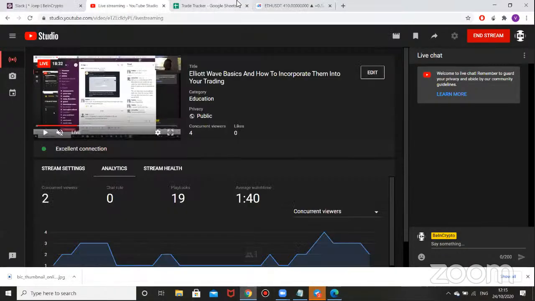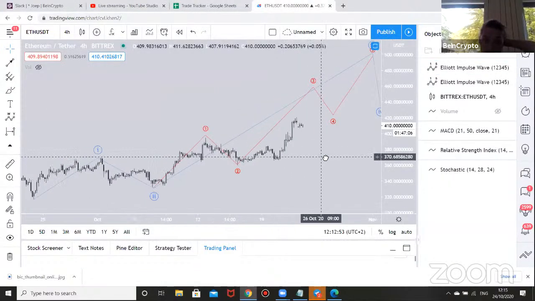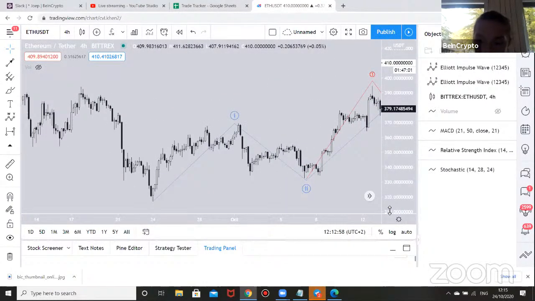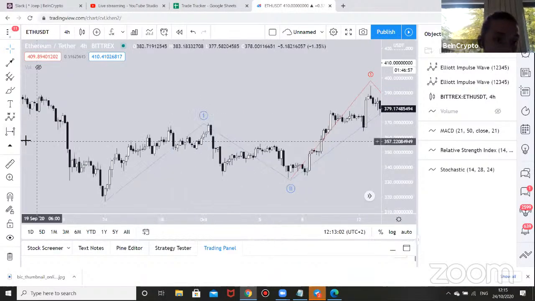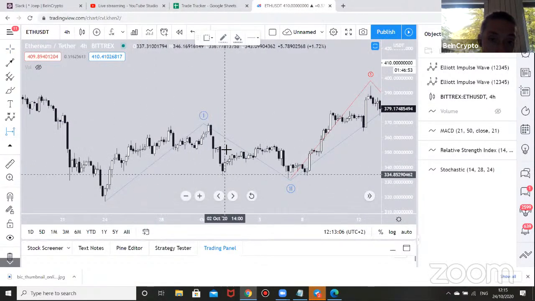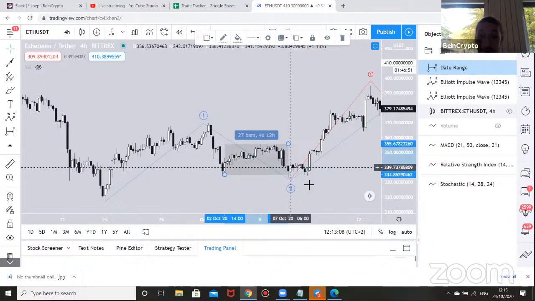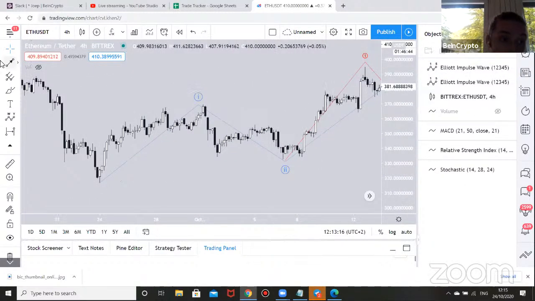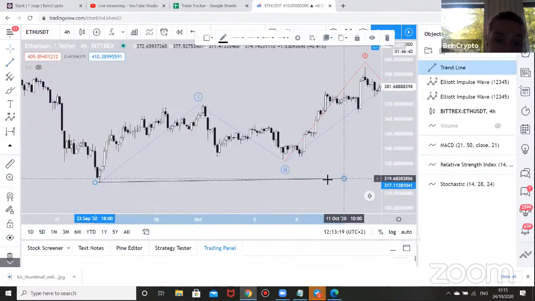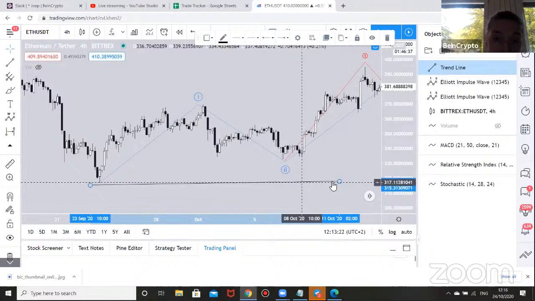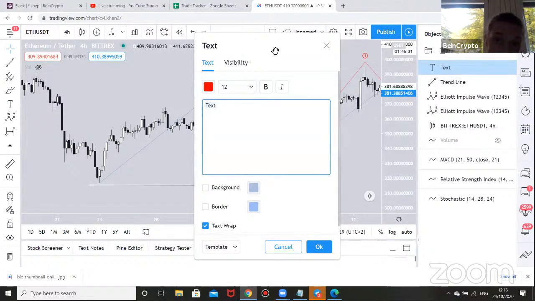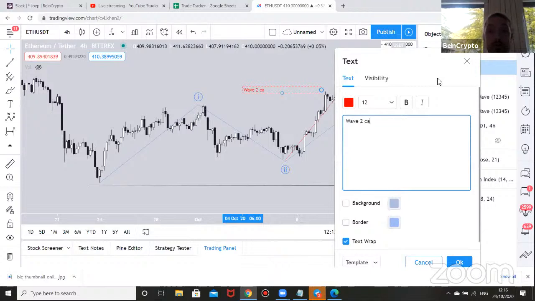Okay, now stop loss placement. If you caught the movement somewhere here, so let's say here, and you're trying to enter the trade in anticipation of a long, then obviously the place where you would need to place a stop loss would be right here, below the bottom of wave 1, because as per the rules we discussed before, wave 2 cannot retrace more than 100% of wave 1.